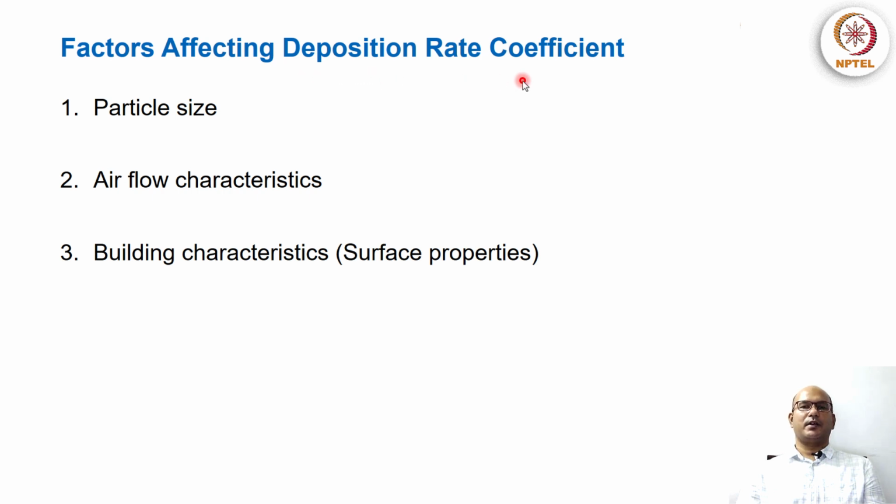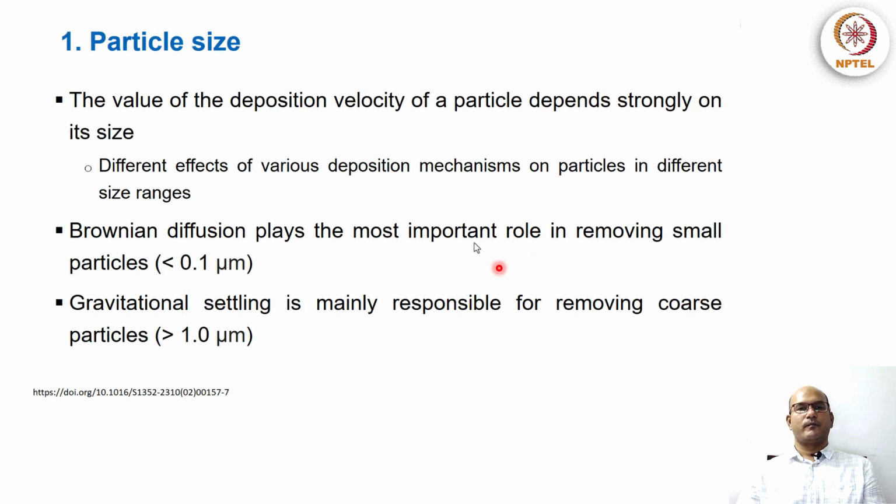Again, this deposition rate coefficient can be dependent on particle size, the airflow characteristics and also the building characteristics, which would be the surface properties, and we will look slowly at how. First is particle size. The deposition velocity strongly depends on the size, and the effect of different deposition mechanisms is different in different size ranges.